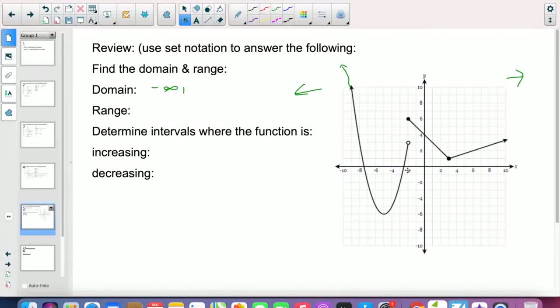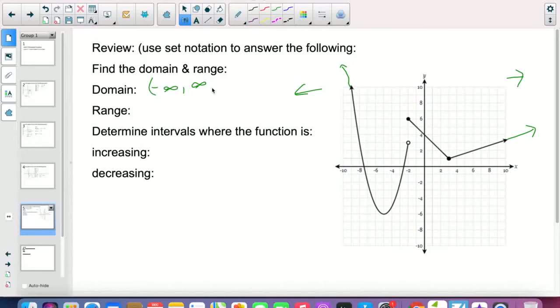There's an open circle at negative 2, but then there's a solid circle at negative 2 as well, so negative 2 would be included. And then it's a solid dot everywhere else on this graph, and this continues forever in the upward right direction. So that means all x values are going to be included as we go further to the right. So our domain goes from negative infinity to infinity.